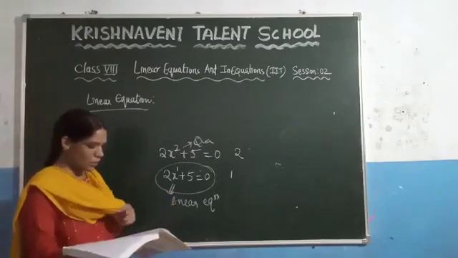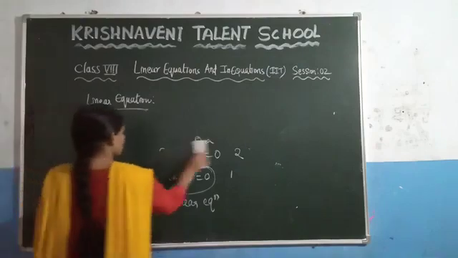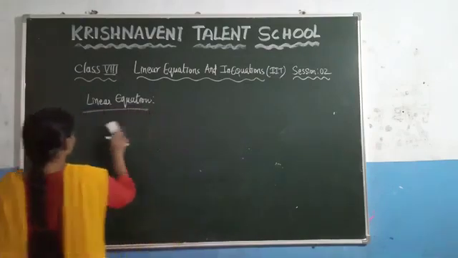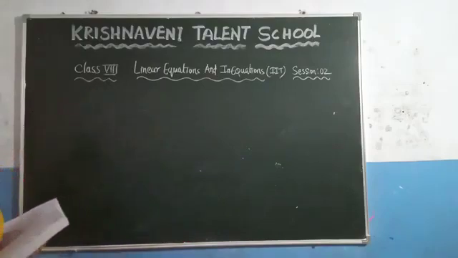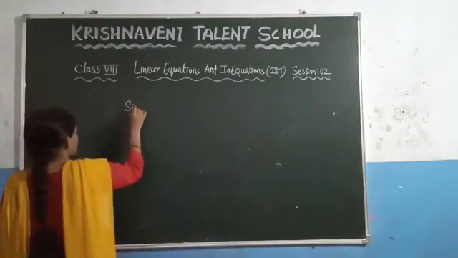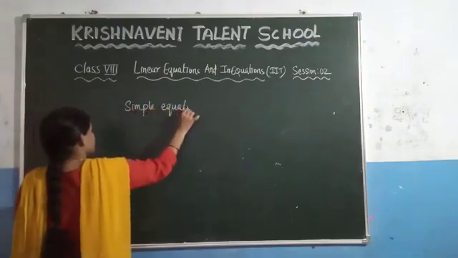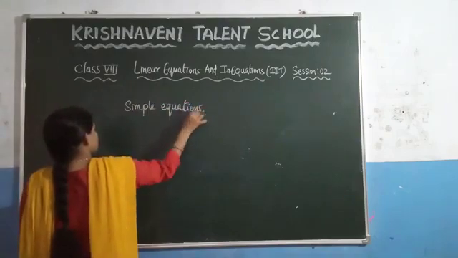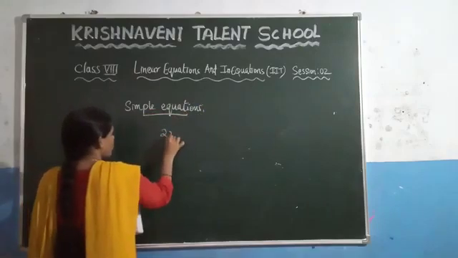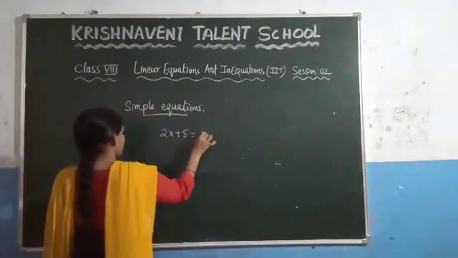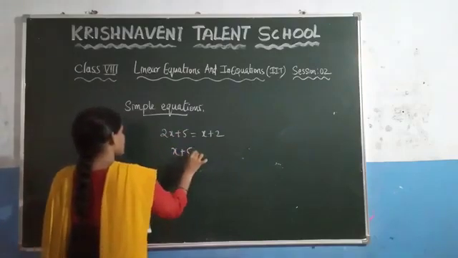Now see the next one, which is simple equations. Let us consider a few examples here. 2x plus 5 is equal to x plus 2, and x plus 5 is equal to 2.